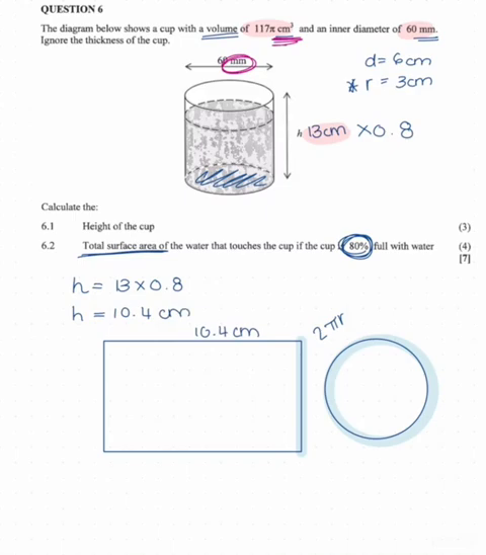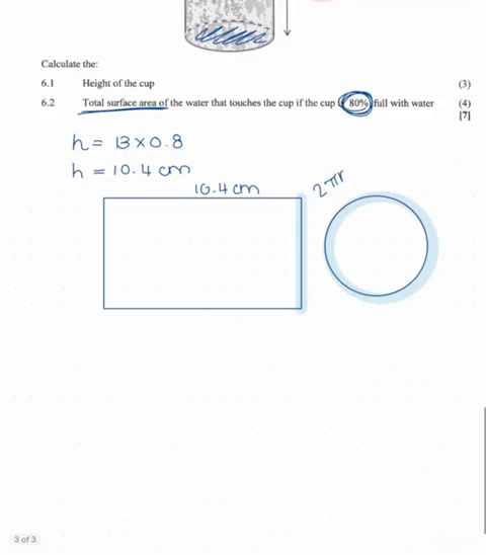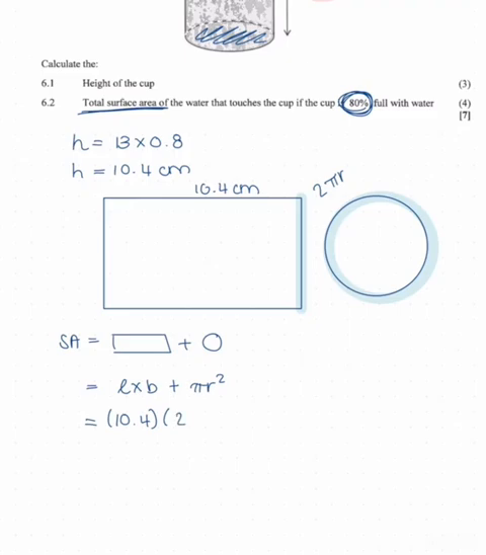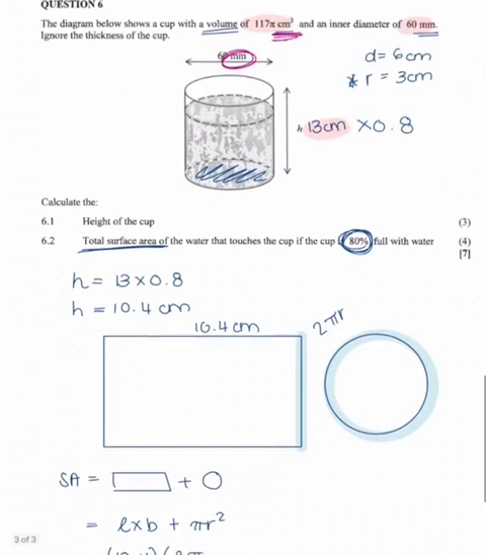All right, so let's get into surface area. So my total surface area is going to be that rectangle plus my circle. So for the rectangle, it's length times breadth, and my circle is pi r squared. In this case, my length is 10.4. My base is that 2 pi r, which is going to be 2 pi multiplied by r. In this case, our r was that 3 centimeters.